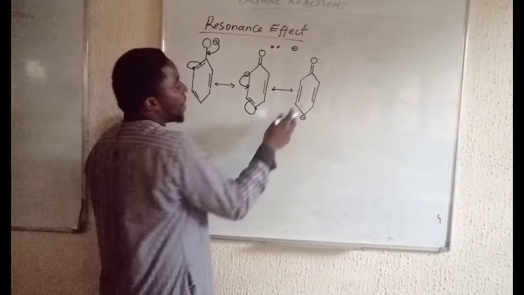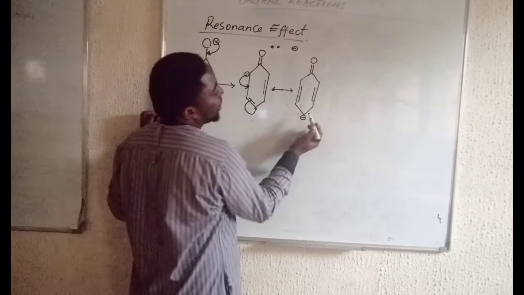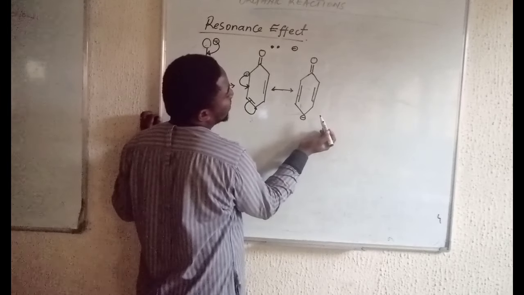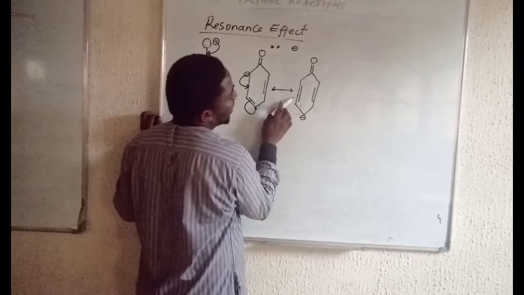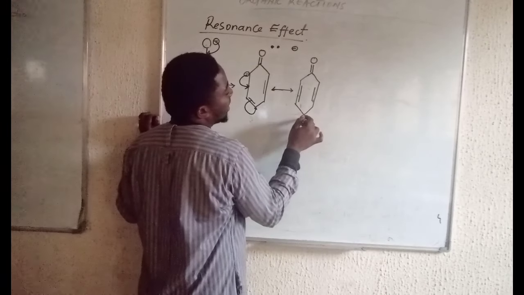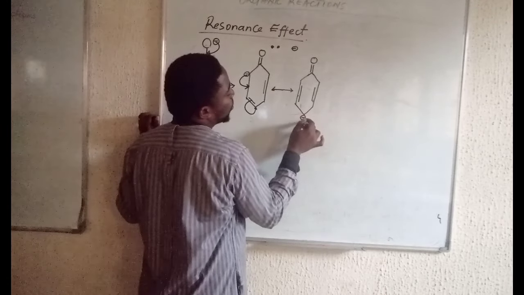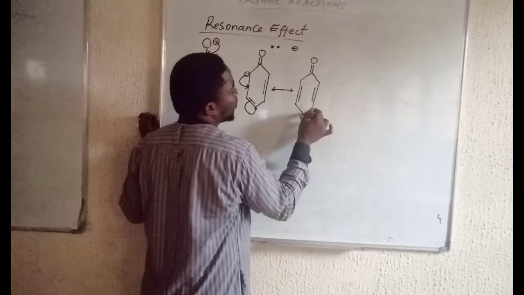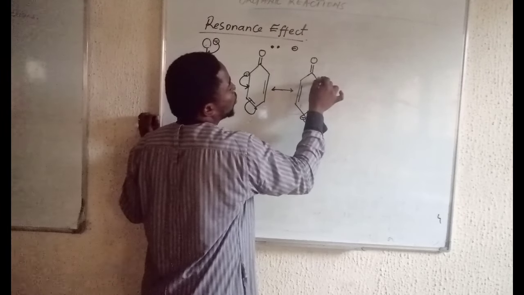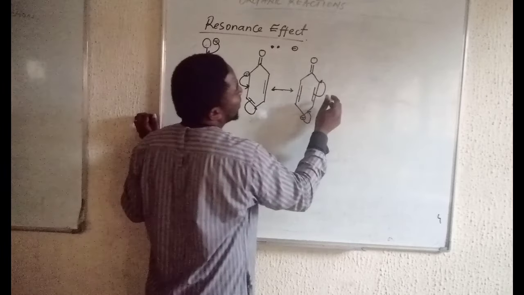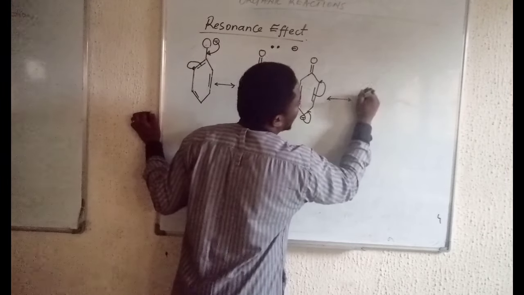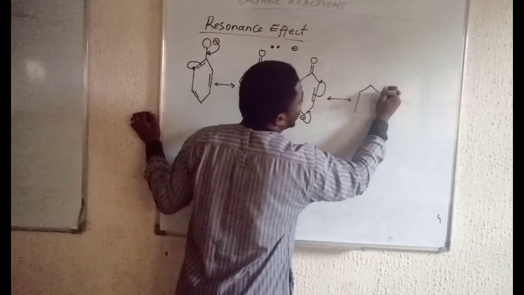So let us see what happens next. Now here we have a single bond, and we have a double bond, and then we have a single bond. So what will happen is that the negative charge here will drift from here to this point, thereby causing this pi electron to go to the next carbon atom, which is the one here, and that will give rise to another resonance structure of the phenoxide ion.